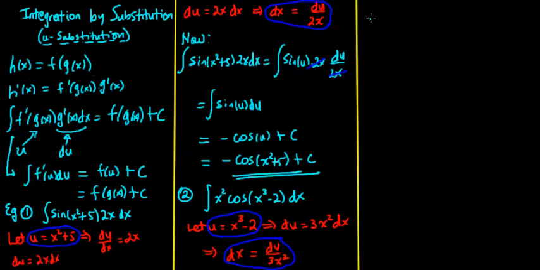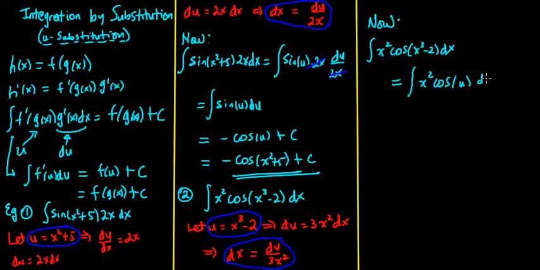So my original expression now becomes, well, what is it? It is x squared cosine of x cubed minus 2 dx, which now becomes the integral of x squared cosine of u, dx is du over 3x squared.